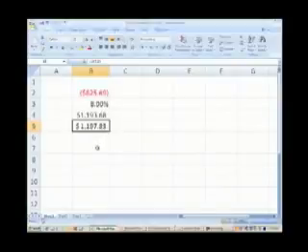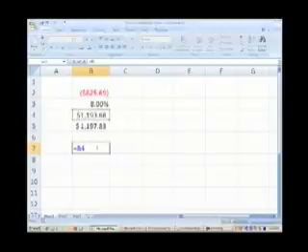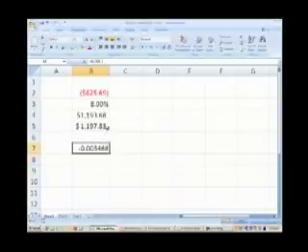And how big is it? What percent is it? Well, if we take the price at time 1 and divide by the price at time 0 and subtract 1, and turn that into a percent, looking at a few more decimal places, what you see is that we actually lost 0.35%.